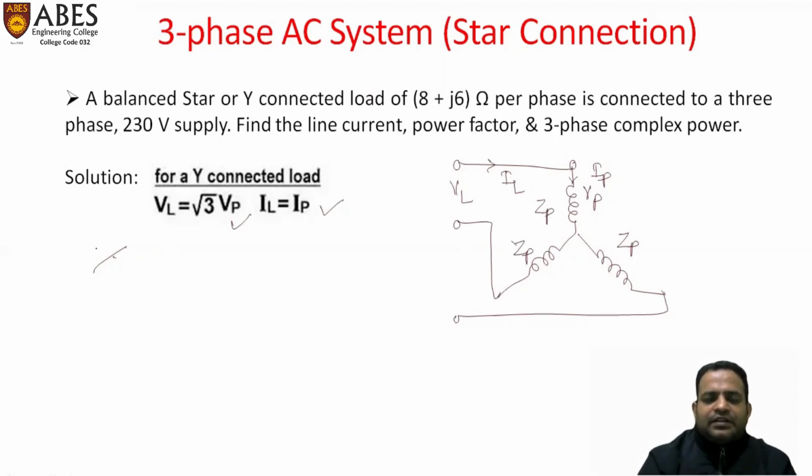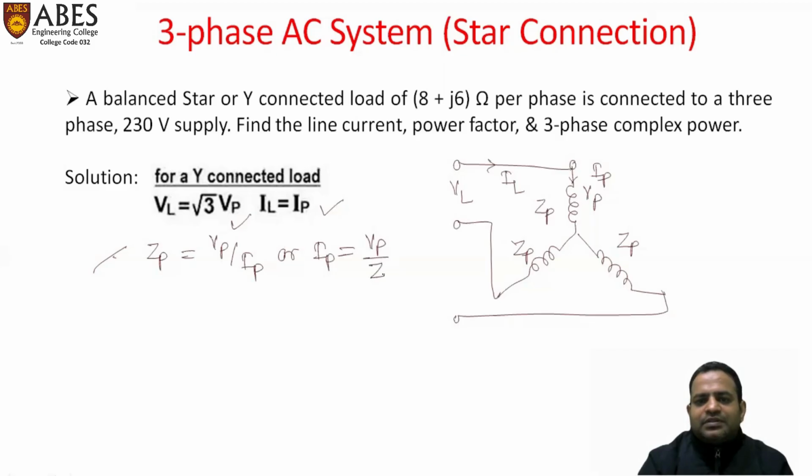So what is the formula used? VL and VP, and ZP. ZP is VP upon IP, or IP is equal to VP upon ZP.